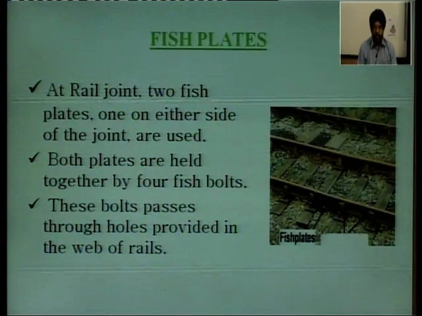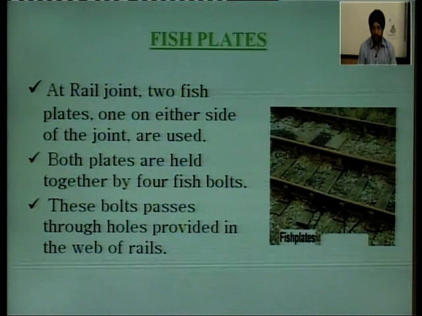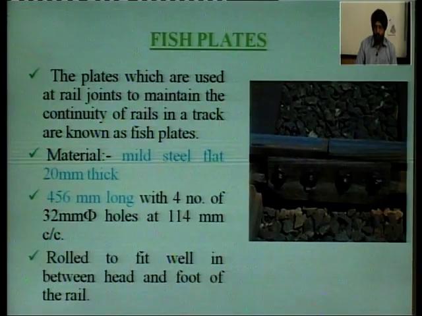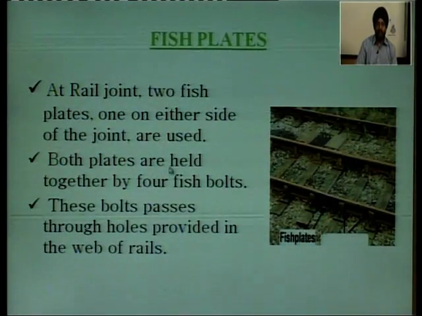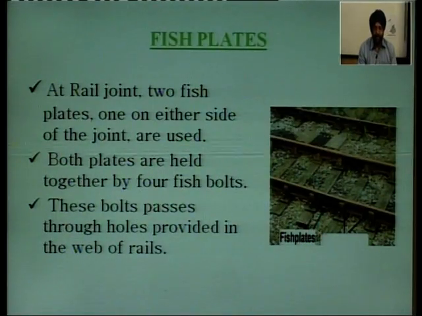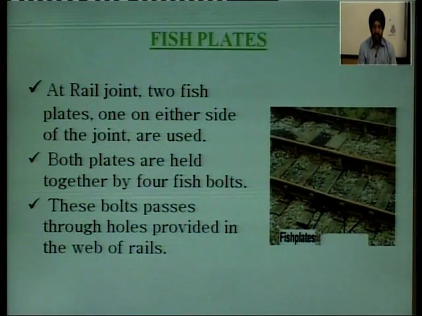Also, both the plates are held together by 4 fish bolts. Regarding fish bolts we will discuss later on, but as we have seen in the previous diagram, we have 4 fish bolts. So, both plates are held together by the 4 fish bolts, and these bolts pass through the same holes of 32 mm, as I have mentioned, provided in the web of the rails.